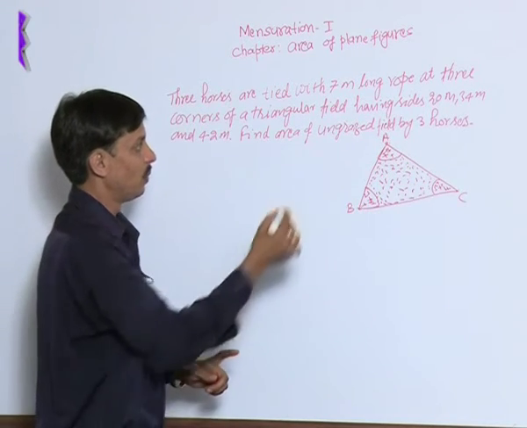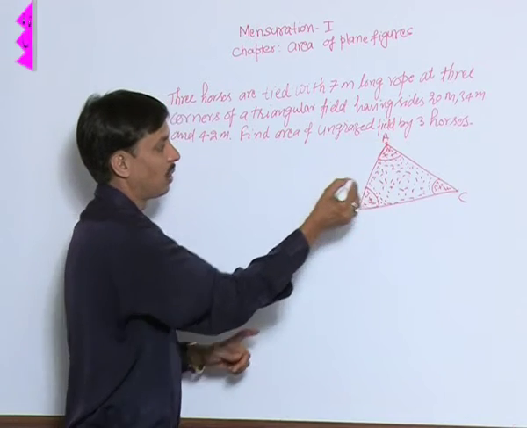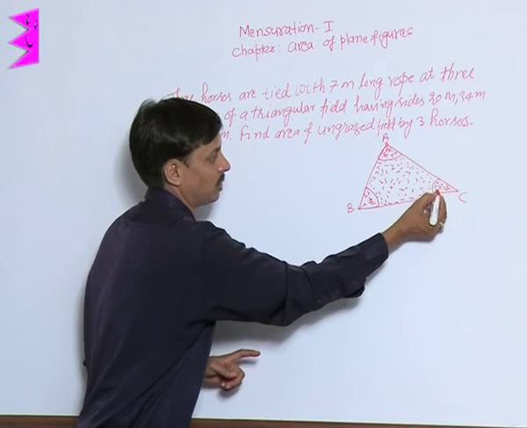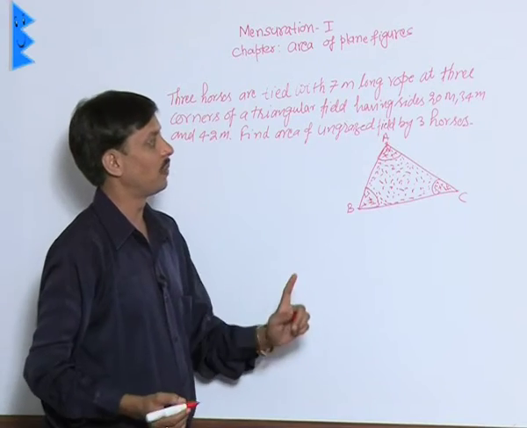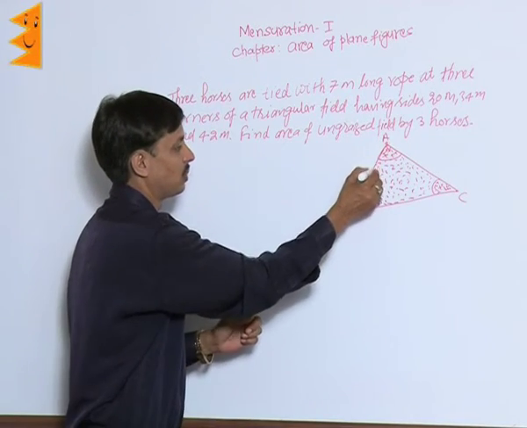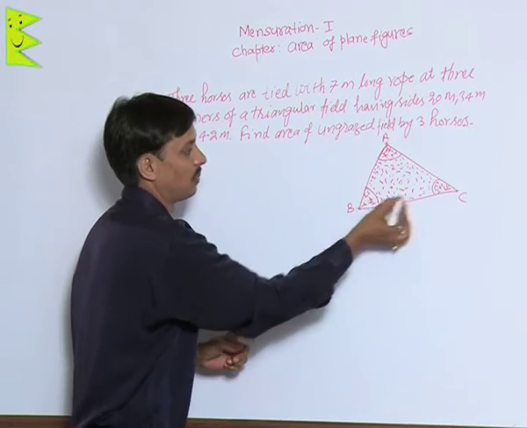Is that clear? Where I am putting the crosses is the part of the triangular field grazed by horses, and where I am putting only dots is the part which cannot be grazed by the horses. The question comes, how to find the area of this triangle?